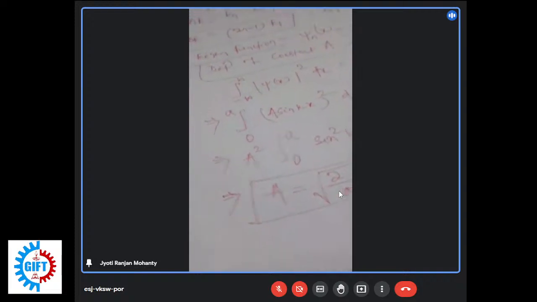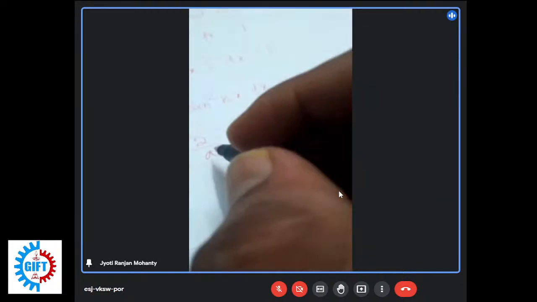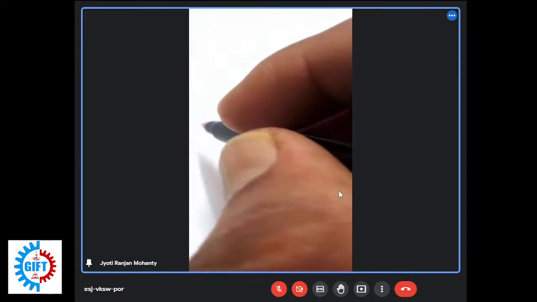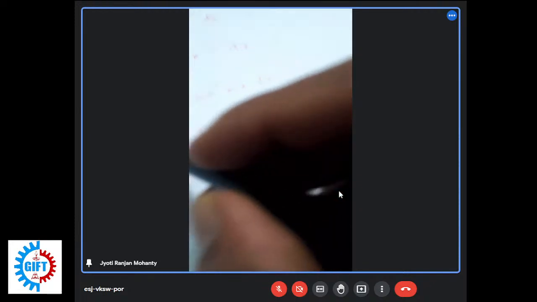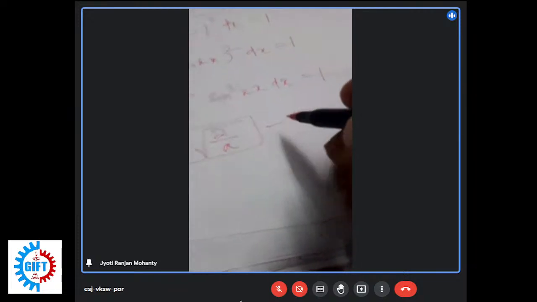I shall check whether you have done the integration or not. This is equation number 8. A is equal to 2 by a under root.